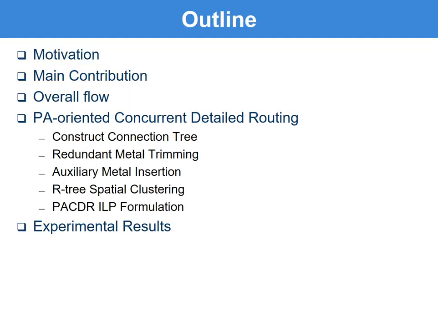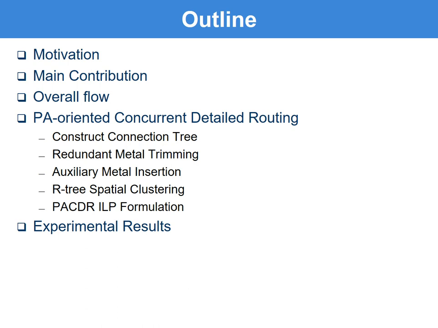Here is the outline. I will give the main contributions of our proposed pin access-oriented detail routing and provide an overview of the overall flow. I will discuss several key techniques utilized in PACDR, including constructing a connection tree, performing redundant metal trimming, inserting auxiliary metal, and using R-tree spatial clustering.